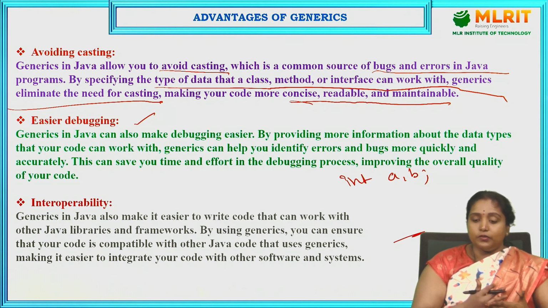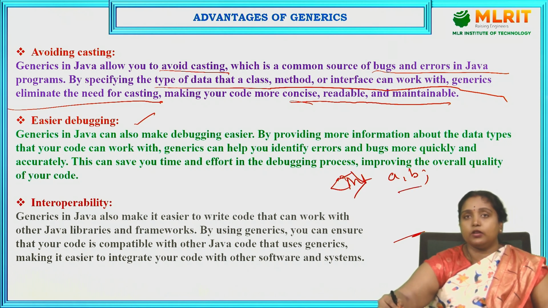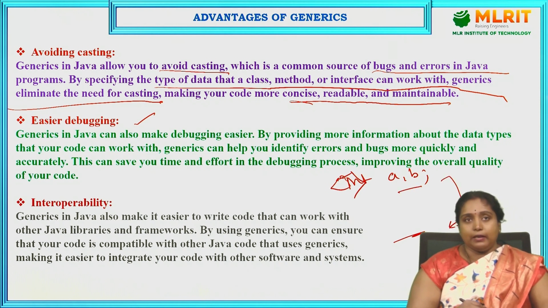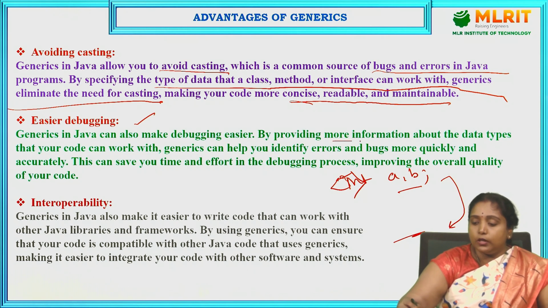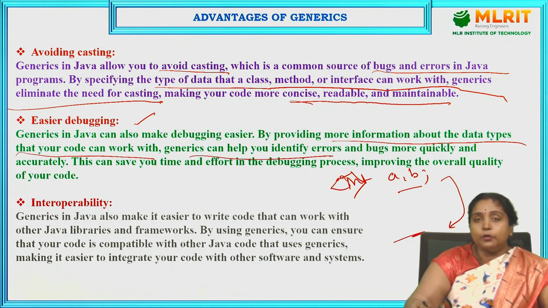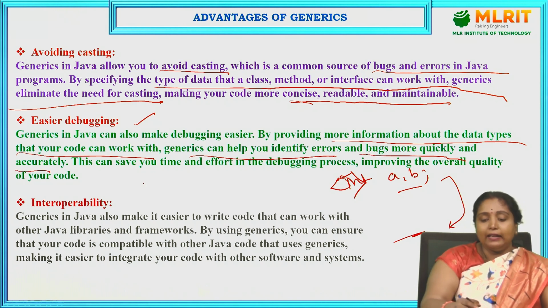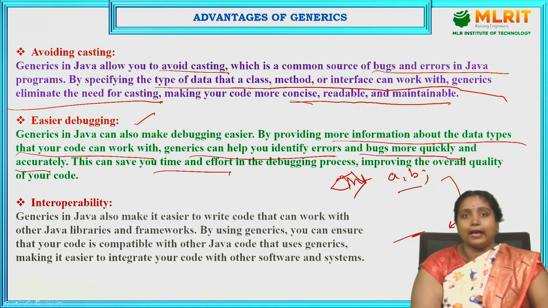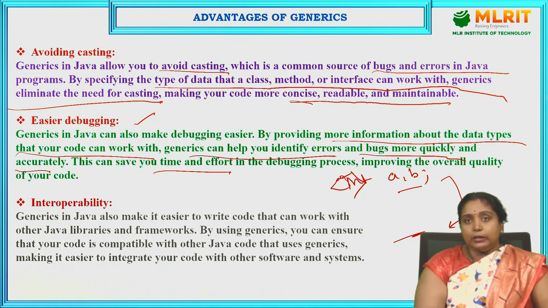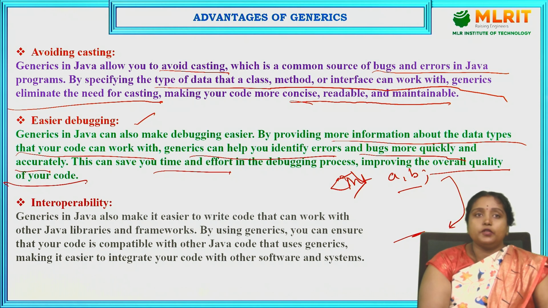So instead of that, if I have taken the type parameter, whatever data you are giving, it works on the same parameters. By providing more information about the data types that your code works with, generics can help you identify errors and bugs more quickly and accurately. It can save your time and effort in the debugging process as well as improve the overall quality of your code.